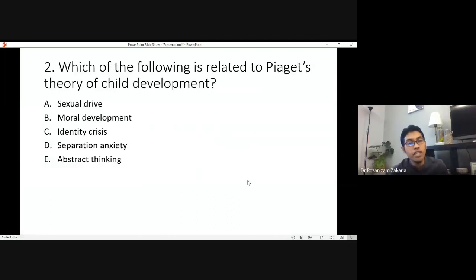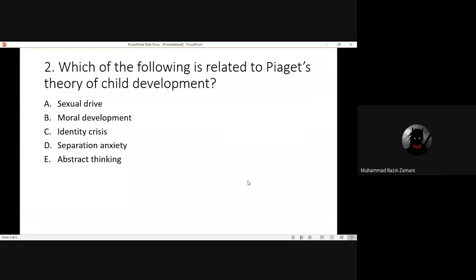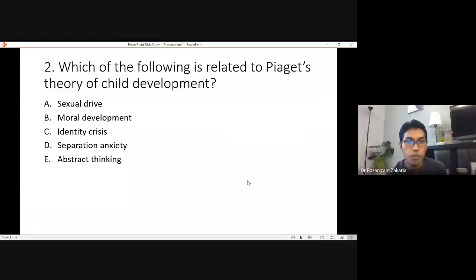Okay. Sexual drive apa? Teori siapa? Sexual drive teori siapa? Sigmund Freud. Freud. Moral development, Kohlberg yang kita tak discuss tadi. Identity crisis, teori siapa? Siapa yang cakap tentang identity crisis? Siapa? Freud ke, Erik Erikson ke, Piaget?